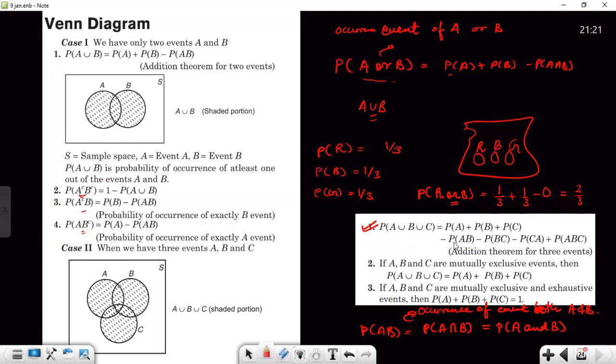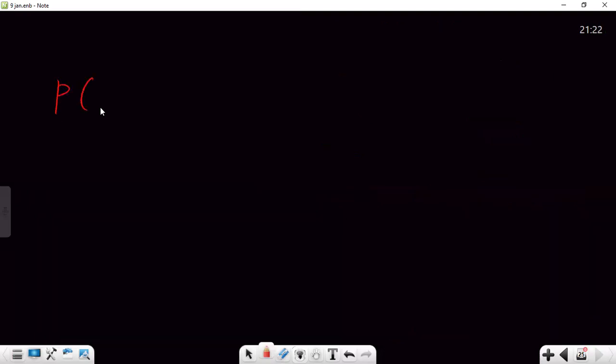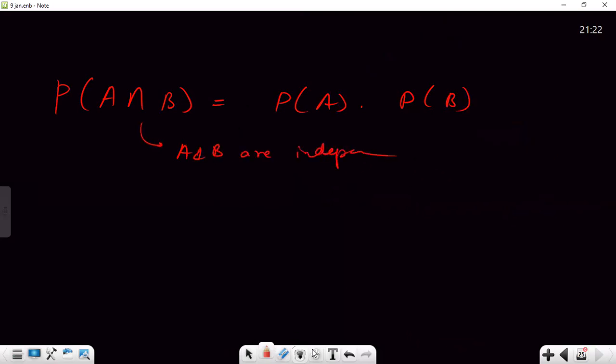Don't confuse AB, it is just another representation of A intersection B. We have already discussed that the probability of A intersection B is probability of A times probability of B when A and B are independent events.